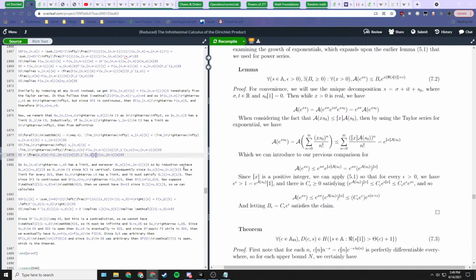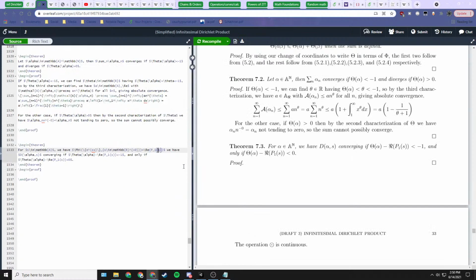Let me double check. x power plus epsilon divided by x times e power of, oh, okay, I see. It should be e to the power of the real part of s1. I think, if we're doing that.